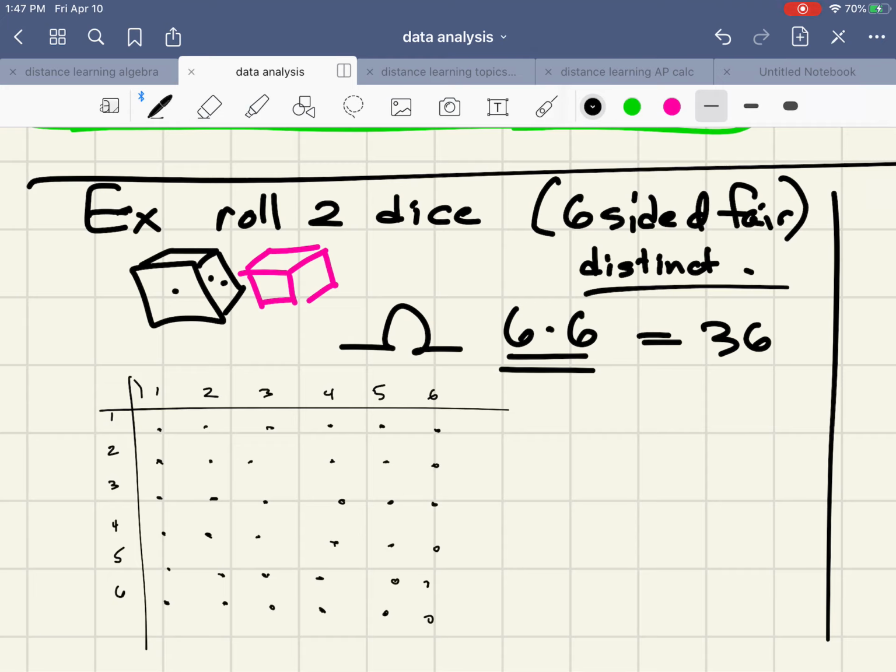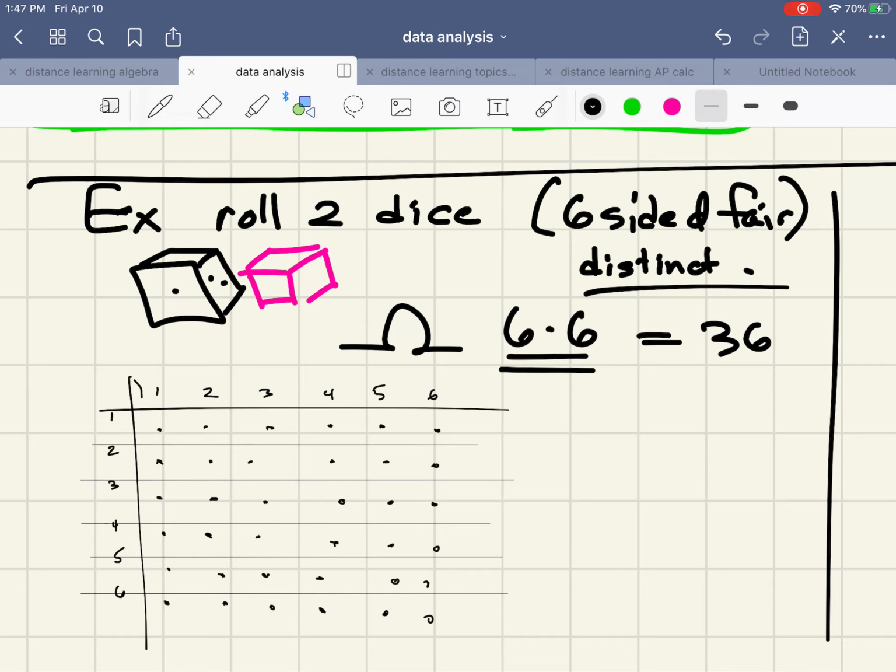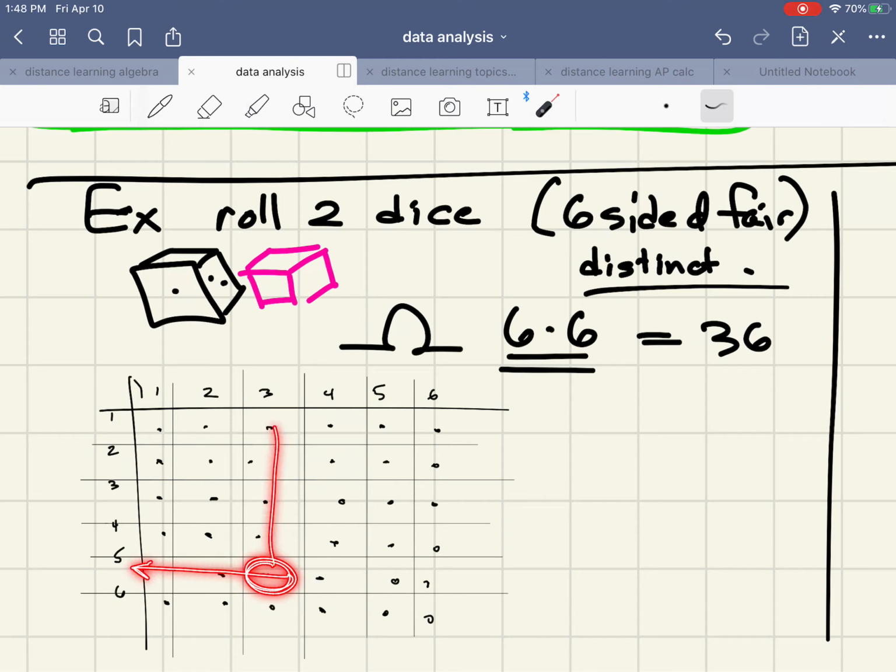So basically, this dot right here would represent the combination of 5 on one and 3 on the other, which is different than 3 on one and 5 on the other.